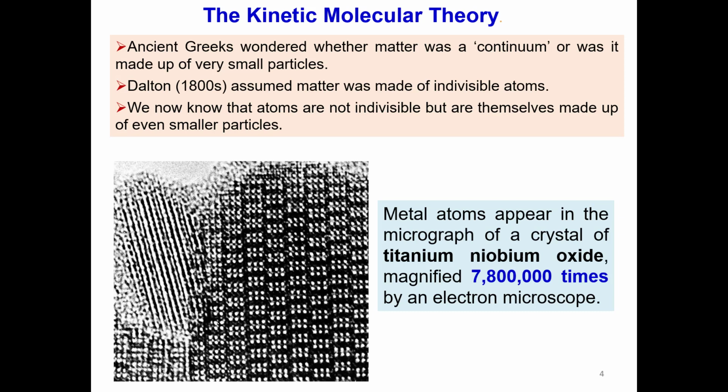He believed that the atoms were indivisible. But now we know the atoms are not indivisible. They are made of smaller particles. We know now the atom has electrons and a nucleus, and the nucleus has protons and neutrons. Using transmission electron microscopy, we are able to see the atoms.